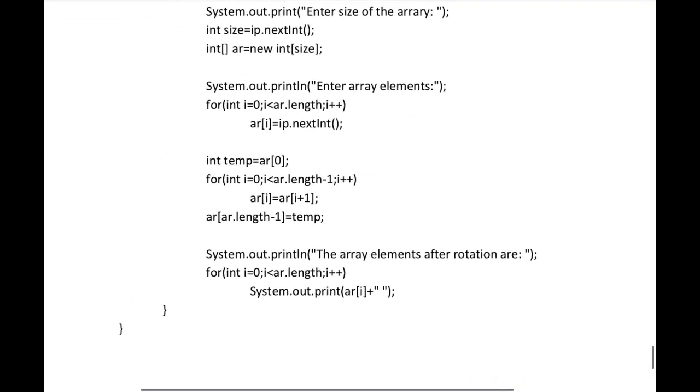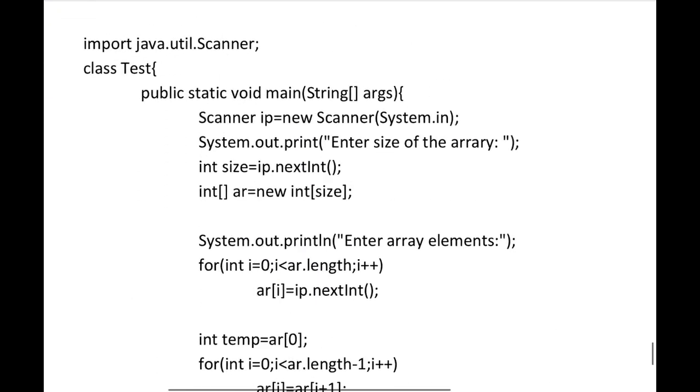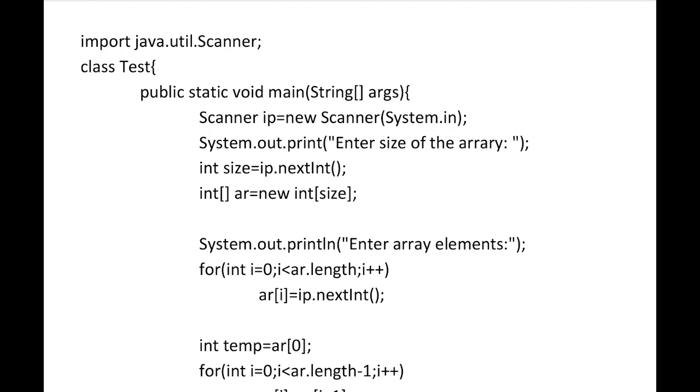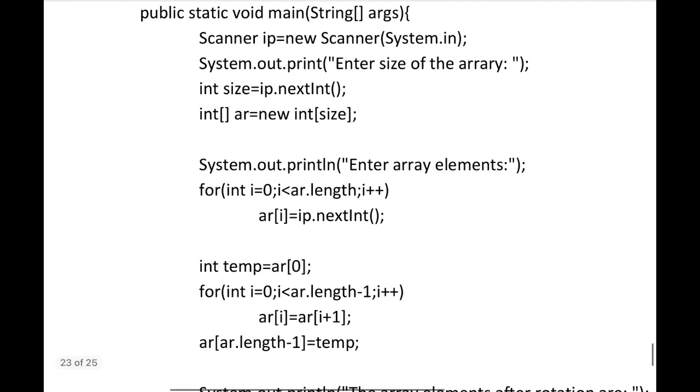So you can see the complete program. So here class test, main method, then size of the array, the user is going to enter, and we are creating the array of size that is entered by the user. Now enter the array elements, and the user is going to enter the array elements.